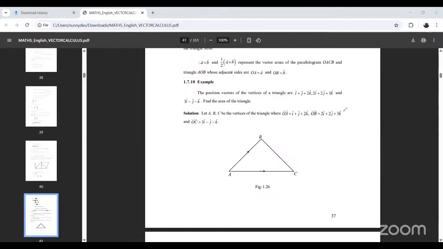So in general, if the 3 points make a triangle, then we can find the area of the triangle. The formula is under root of x1 into y2 minus y1, whole square, and so on. When it is in vector form, the formula is half into AB cross AC.